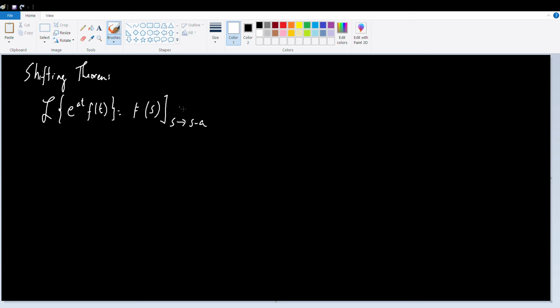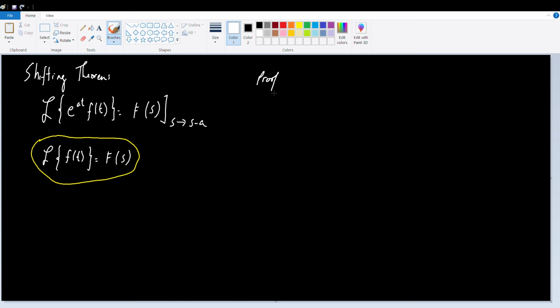We know that the Laplace transform of f of t is denoted by F of s. So the Laplace transform of e to the at f of t is F of s: take the Laplace transform of f of t, which is F of s, and you change s to s minus a.